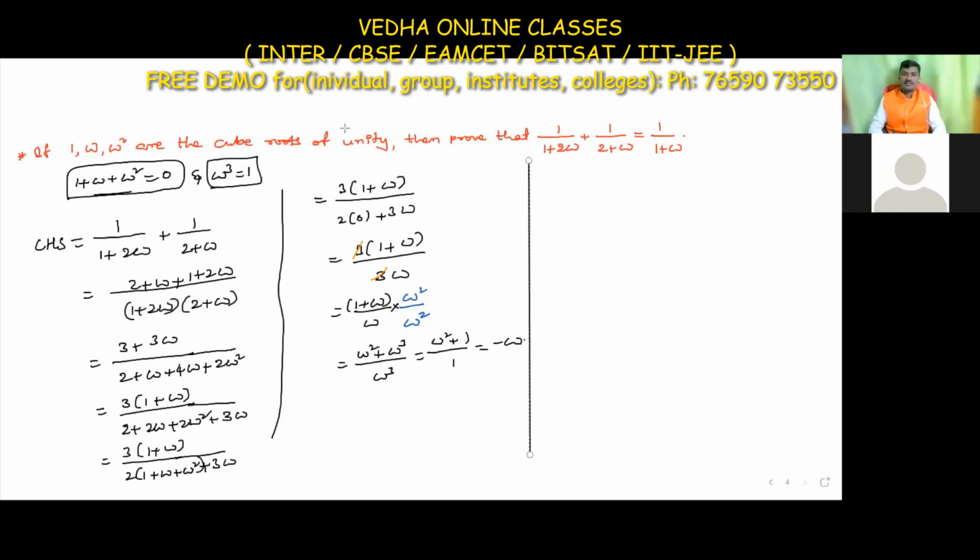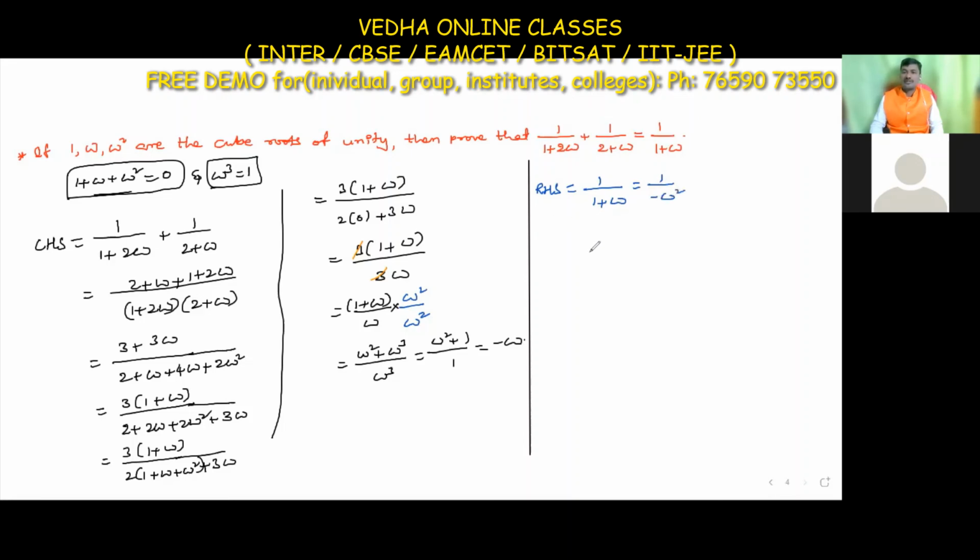Now take the RHS part, that is 1 by 1 plus omega. In this 1 by 1 plus omega, what we can do, once observe the formula, 1 plus omega we can write as minus omega square. So 1 divided by minus omega square.